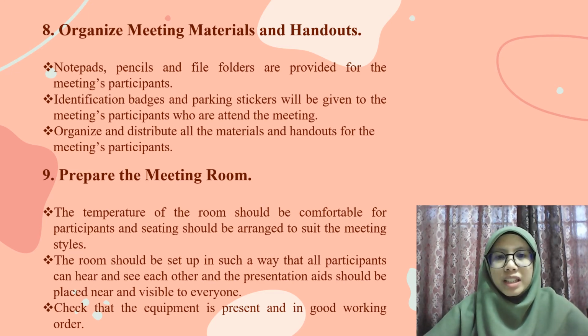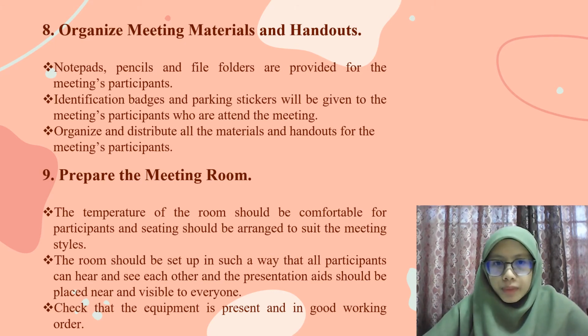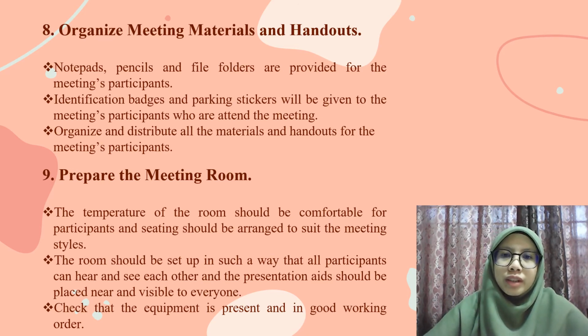This preparation is an early step in ensuring that the meeting participants are aware of the meeting agenda. The identifications, badges, and parking stickers, on the other hand, are intended to make it easier for the meeting organizer to identify meeting participants.